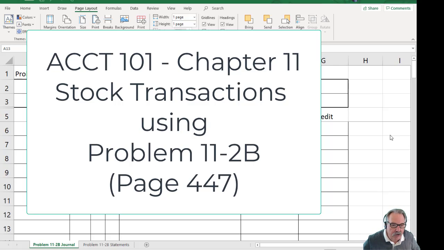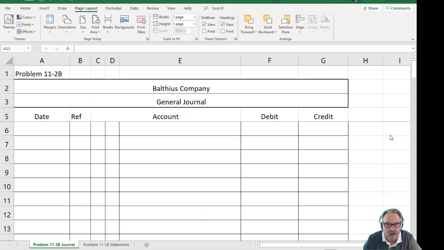This is in your book on page 447, where they've given you a schedule of the statement of stockholders' equity as of December 31 of 2018, and they want us to record the stock transactions that occurred in 2019.